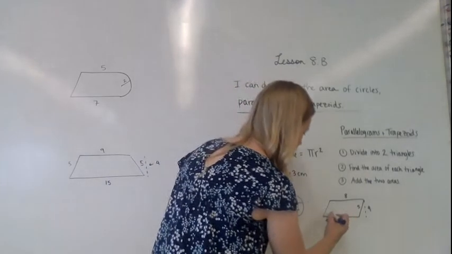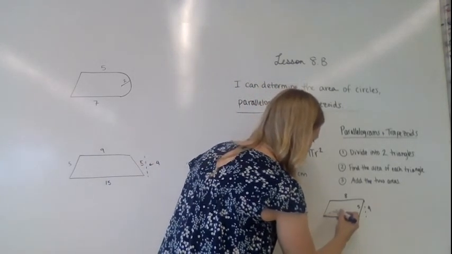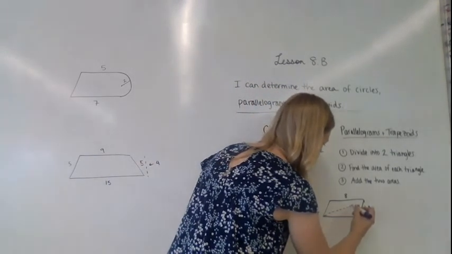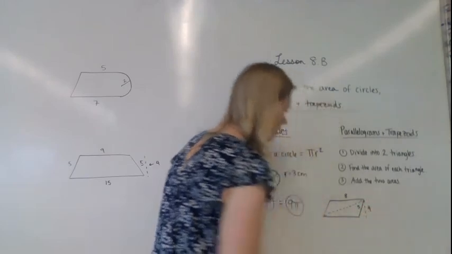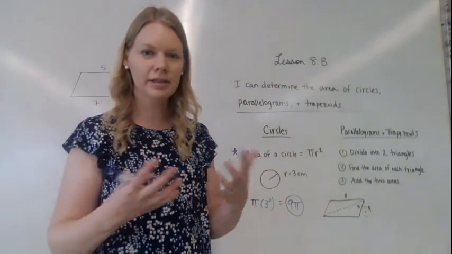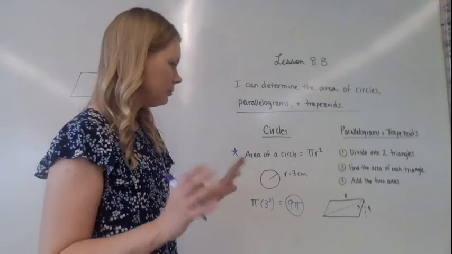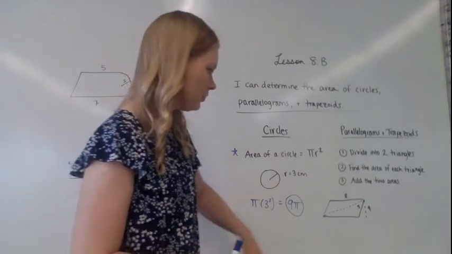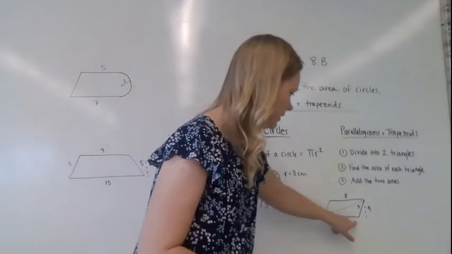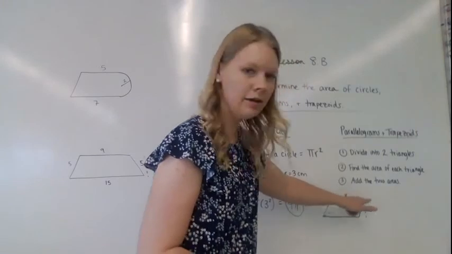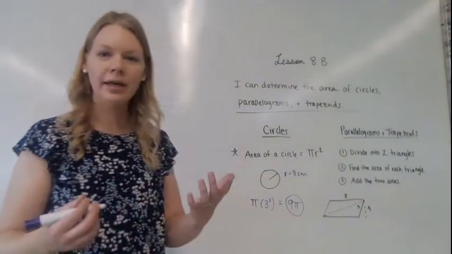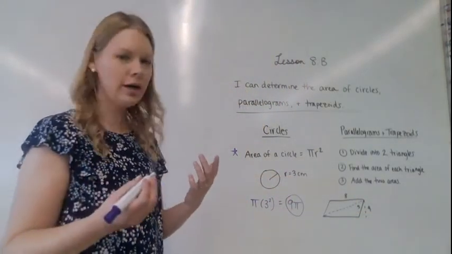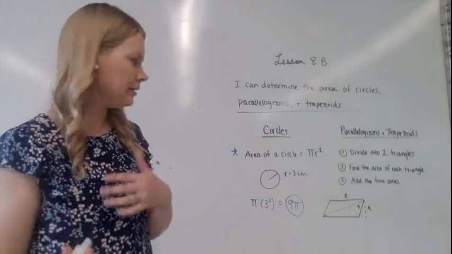And with a dotted line, I'm going to show you how I can cut or divide this parallelogram into 2 triangles. In this case, we've got 2 equal triangles, both of which have a base of 8 and a height of 4. And so we're going to apply the area formula for a triangle, 1/2 base times height.